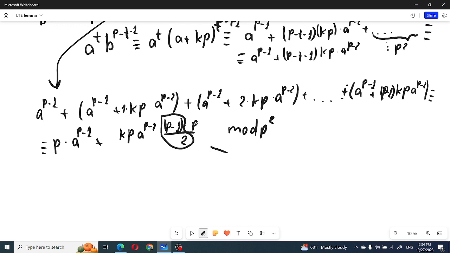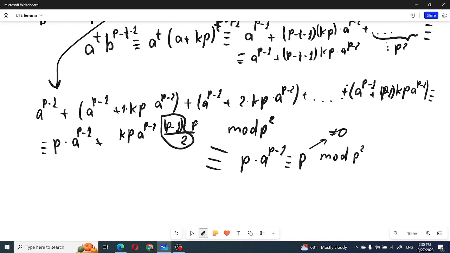So this number equals p times a to the p minus 1 mod p square, and so this is p mod p square. And so clearly this number is not divisible by p square, because this is not 0. We can see that a is not divisible by p, and that's the main reason why this is not 0.